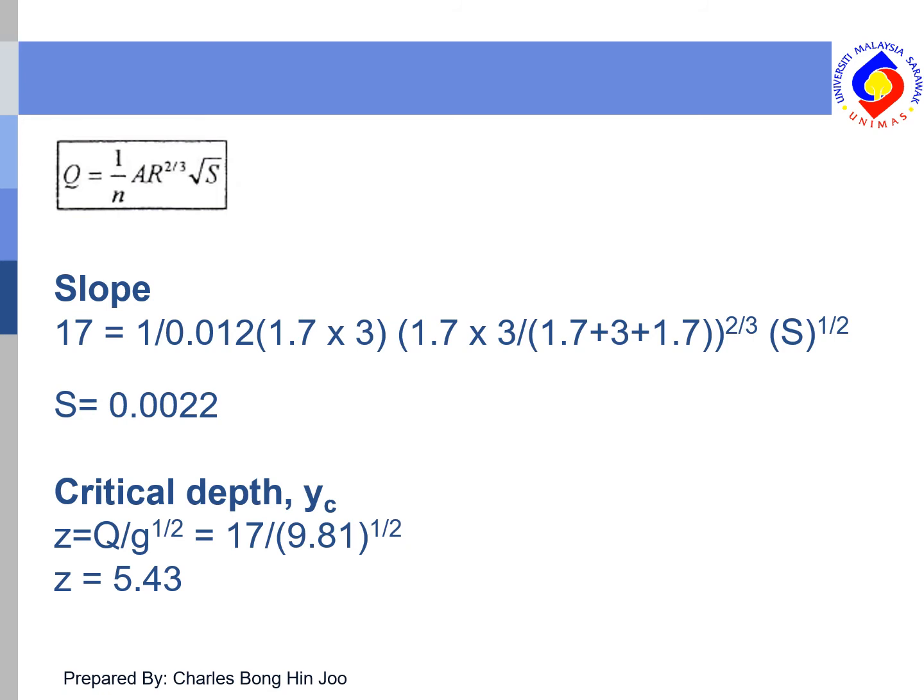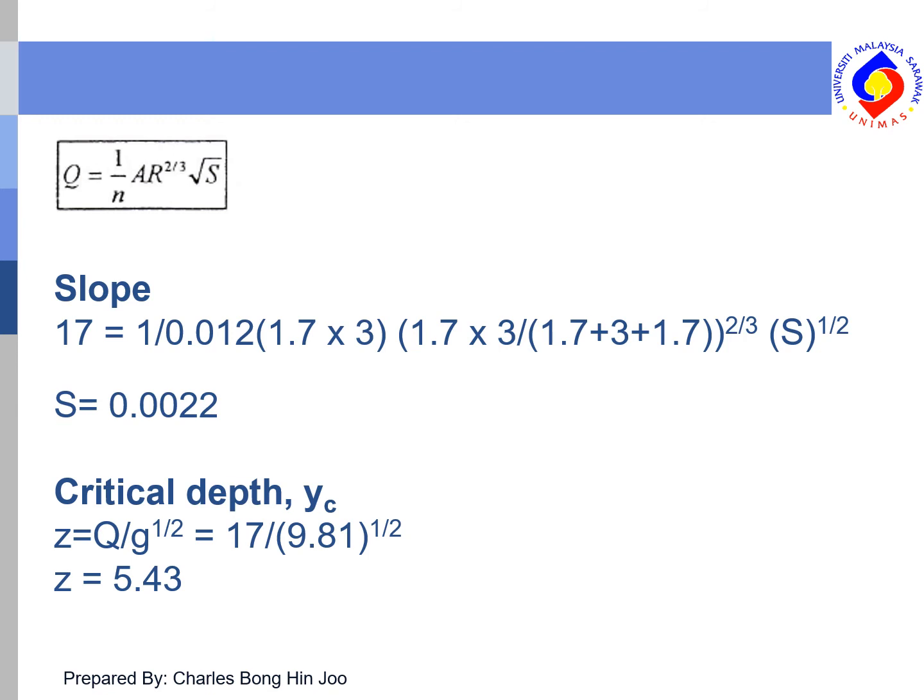If you substitute that, you'll find that the only variable that is unknown is the S, which is the slope. By doing the calculation, you will find that your S is equal to 0.0022.